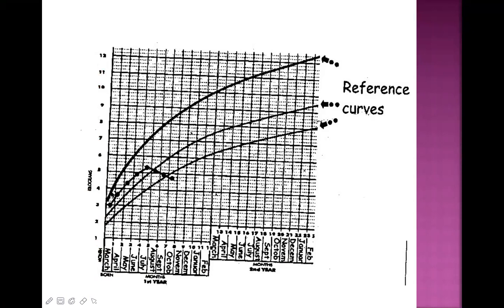Now there are three curves you can see. This is the uppermost curve, this is the middle curve, and this is the lower curve. Normally we call them the 95th percentile, the 50th percentile, and the 5th percentile.